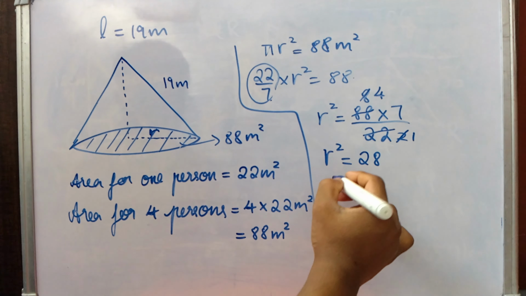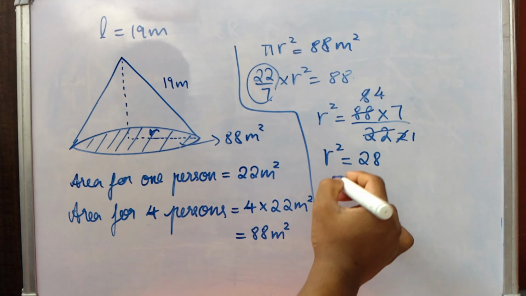So this is 19 and this is 2 root 7, which is actually the radius. And the height is what we have to find.